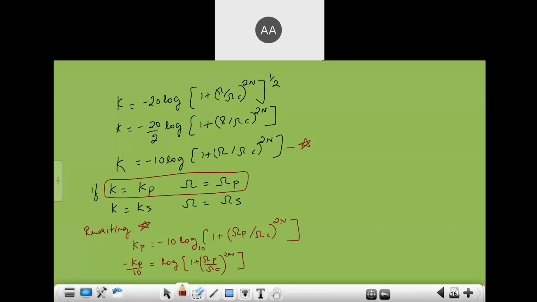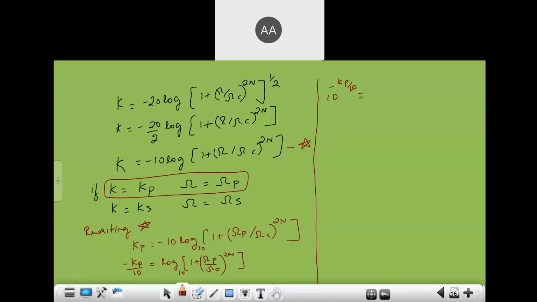Now you observe how I'm going to do this. This is to the base 10. So 10 power minus kp by 10 is equal to what? You want to remove the logarithmic scale. You want to remove the log and write it.